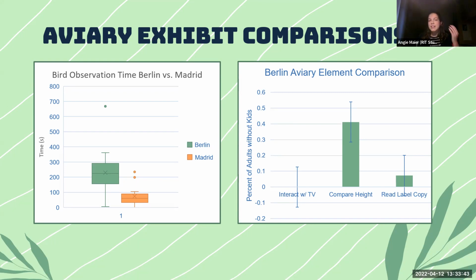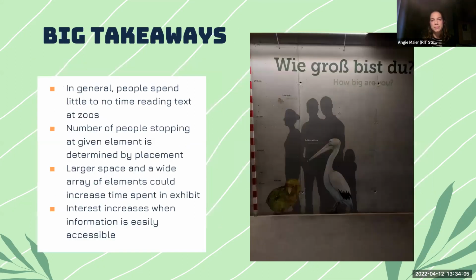So that led me to believe that maybe it's elements that are relatable to you specifically. If you can measure, oh, hey, what do I look like in comparison to this bird? So it's possible that making things more accessible to people on an individual level is something that will increase their interest and time spent in the exhibit. And here you can see that's the measurement element that people could do.